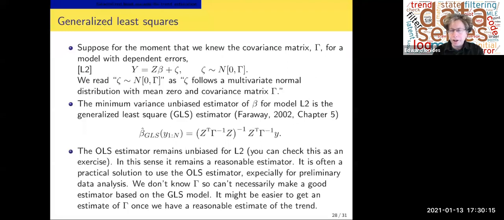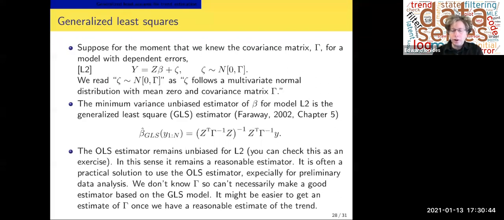You estimate a trend by least squares, even when you know there's autocorrelation, so the IID error model is not appropriate. It's often a practical solution to use the OLS estimator, especially for preliminary data analysis, because it solves this chicken and egg problem. If you want to estimate gamma, you probably need an estimate of the trend to then estimate variation around the trend.